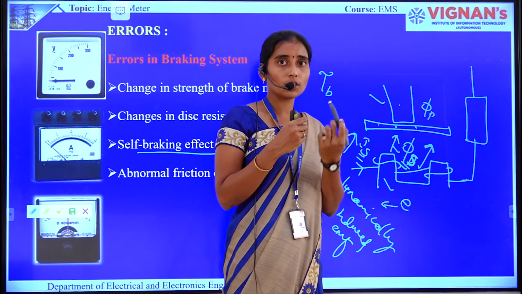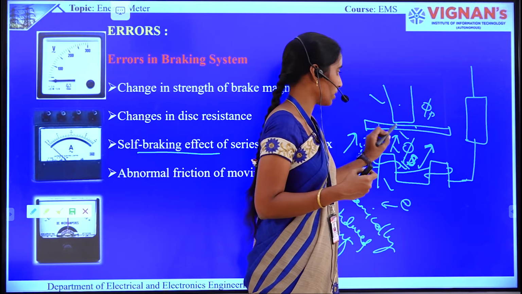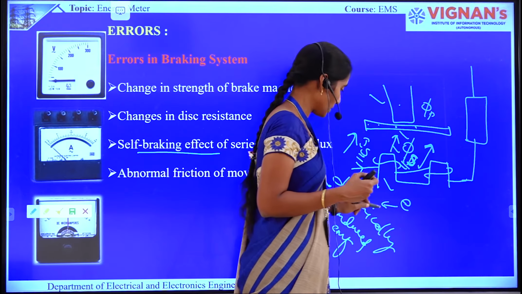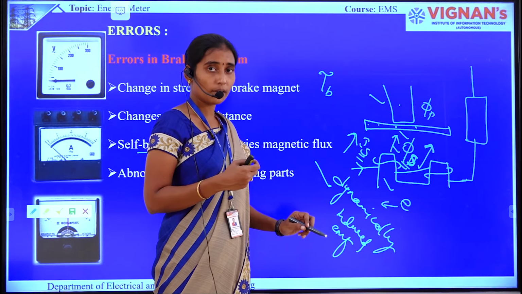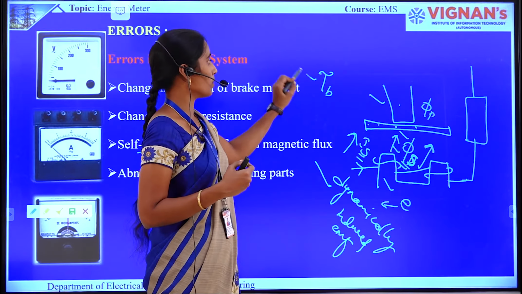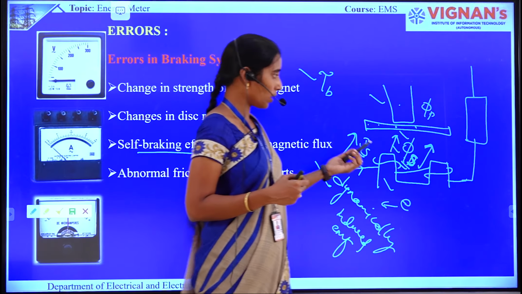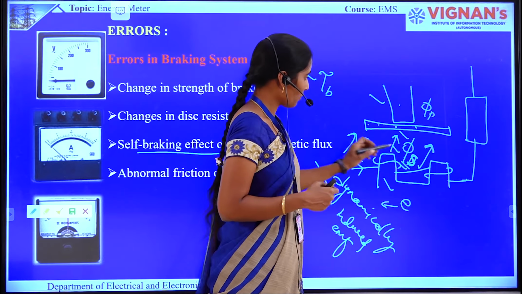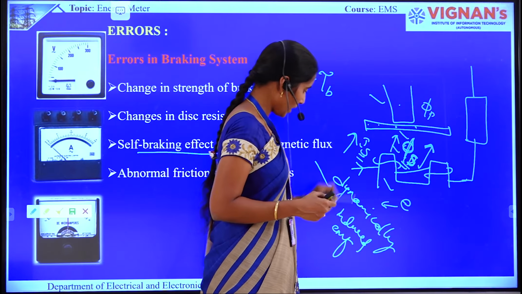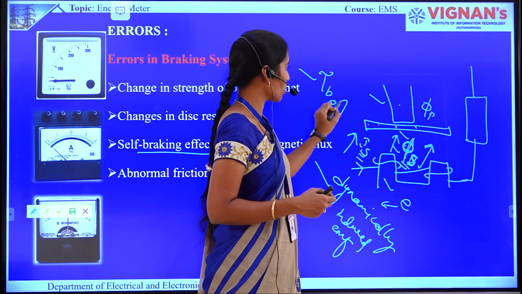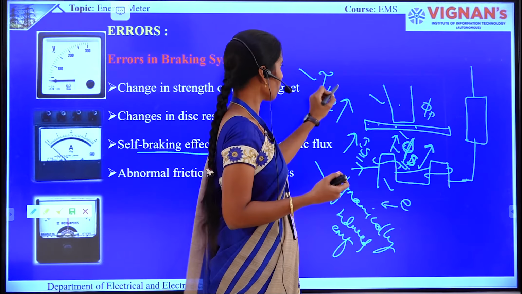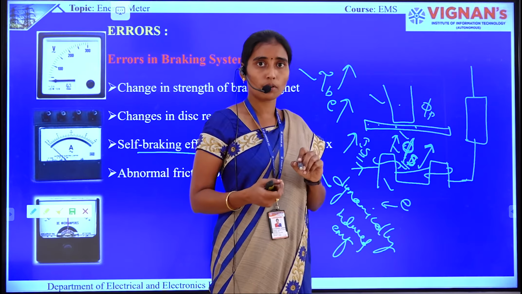Your aluminum disc is rotating and it is cutting the flux phi s. So this EMF is nothing but your dynamically induced EMF, which in turn is responsible for the production of braking torque. So under overload conditions, what is happening? Your flux phi s is more, and hence your dynamically induced EMF is also more. And therefore your braking torque is also more.